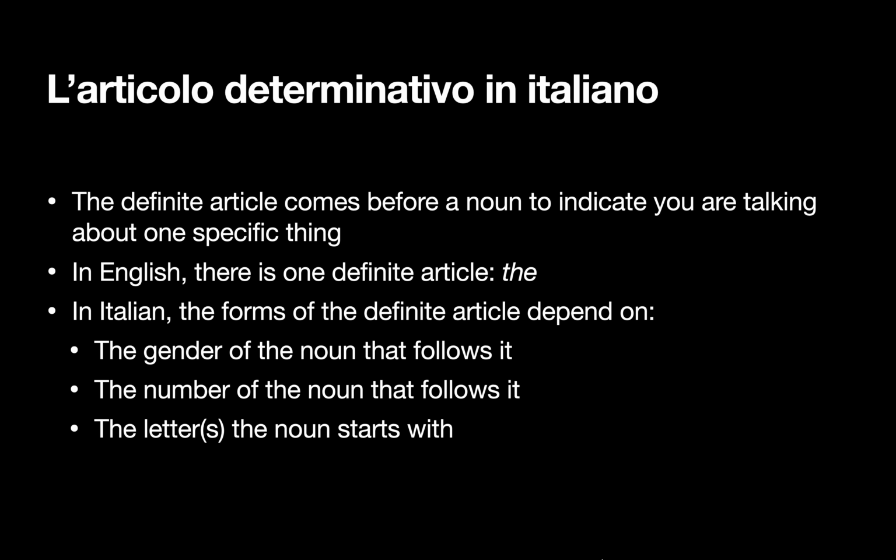It's the difference between a car and the car. In English, we have only one of them: the. In Italian, there are actually 6 forms of the definite article, and they depend on the gender and number of the noun that follows the article, and also the letters that the noun starts with, or whatever word comes after the article starts with, as we'll discuss a little more in a few slides.